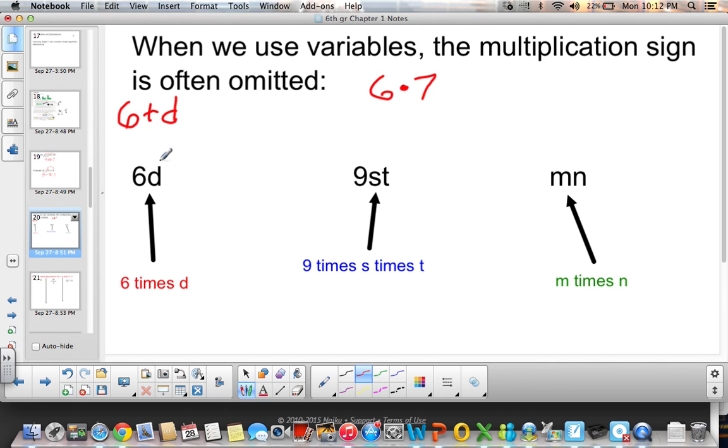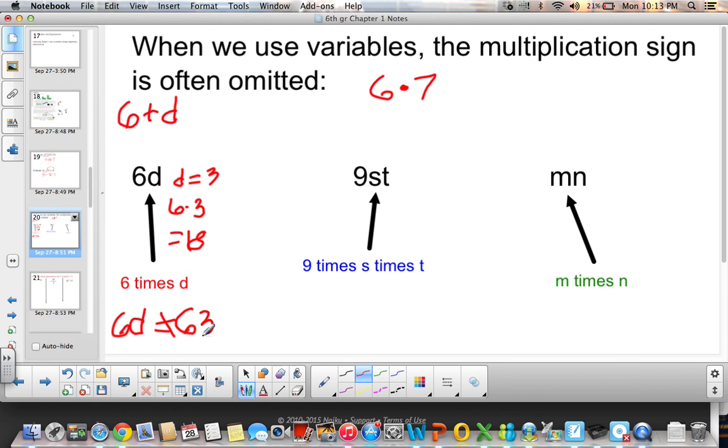But for 6d, if d equals 3, then it would be 6 times 3, which would equal 18. Okay? So you don't just put in a 3. If 6d and d was 3, it would not equal 63.